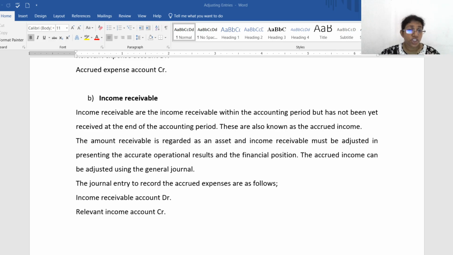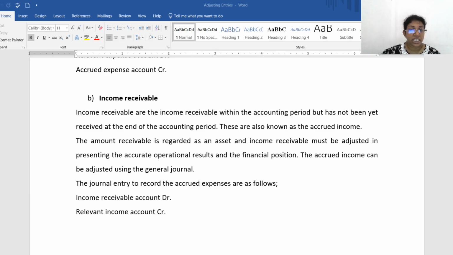So these income receivables are income earned within the period of time but not yet received, which is known as the outstanding income. These are also known as the accrued income. The amount receivable is regarded as an asset, and income receivable must be adjusted in presenting the accrual operational result in the financial position.